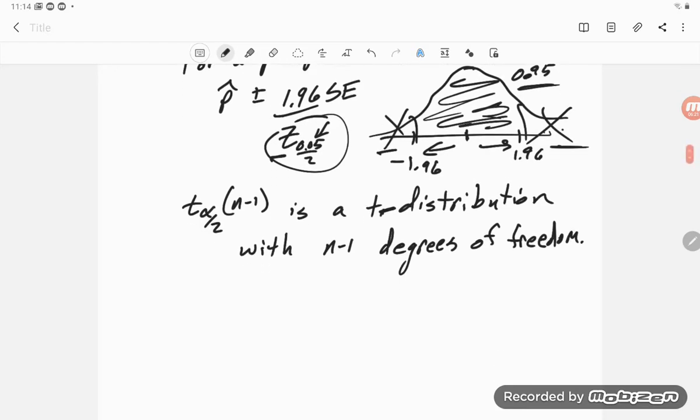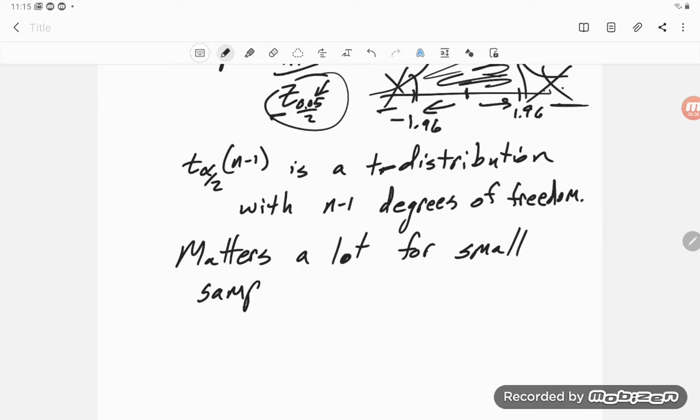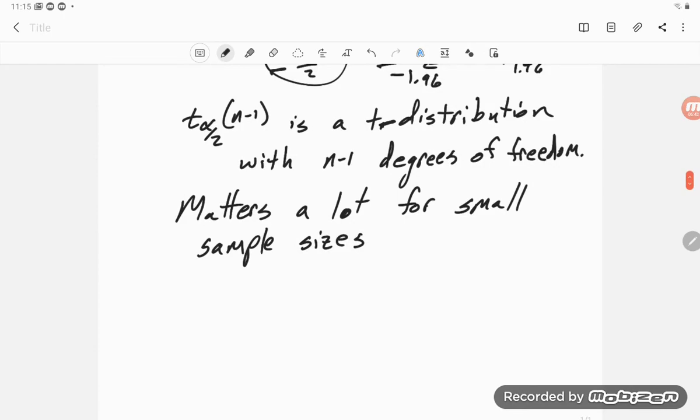Now, mostly this matters. It matters a lot, actually, for small sample sizes. Now, what's a small sample size?